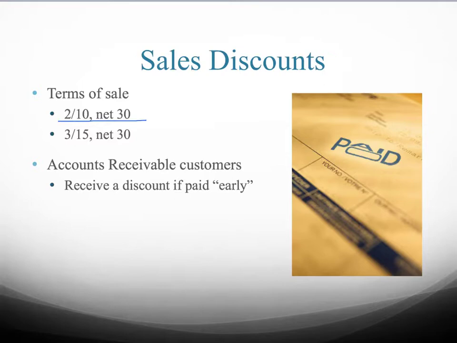It means I can get a 2% discount in 10 days, or I need to pay the net amount in 30 days. So what does 3/15, net 30 mean? If you said 3% in 15 days and net in 30, you are correct. Accounts receivable customers receive a discount if paid early.